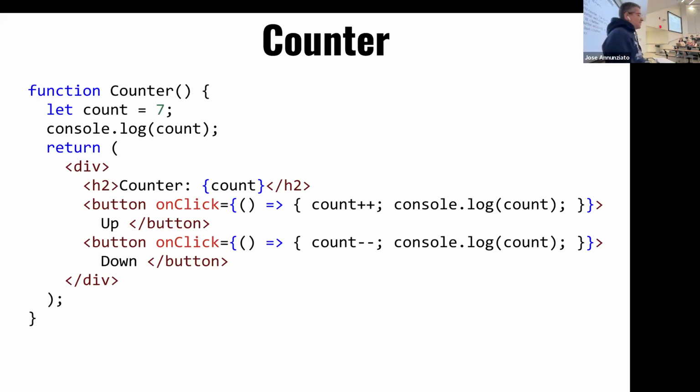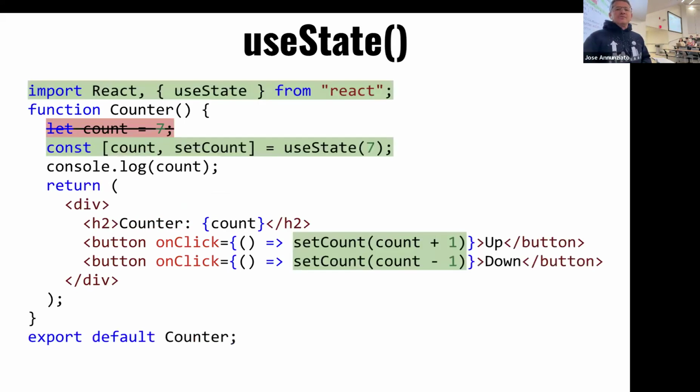So the way we do this to tag, or to make these variables special, is to use a hook called useState. useState is a React.js hook that allows us to redeclare the variable in such a way that we can then tell React.js that it should not ignore this particular variable.